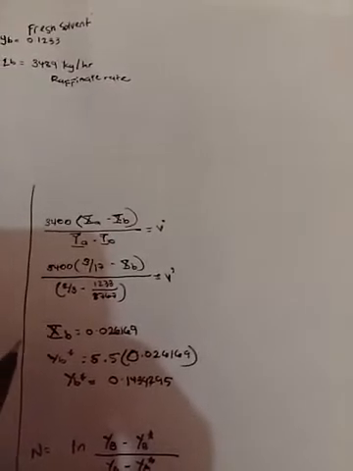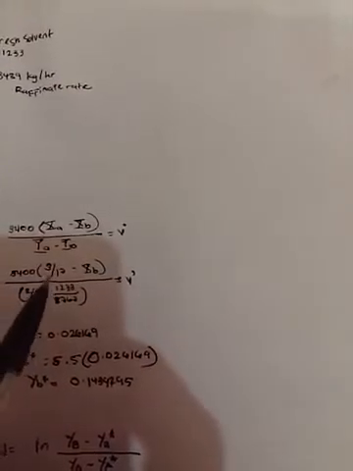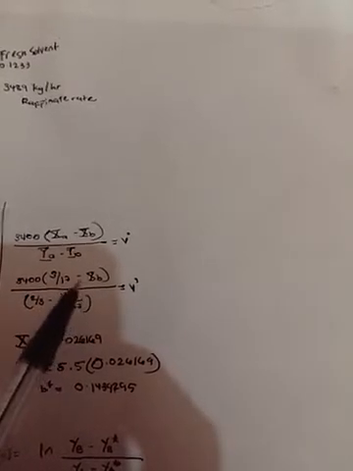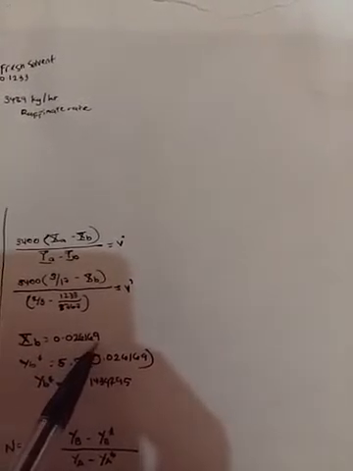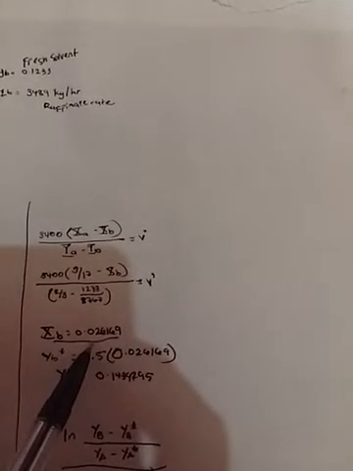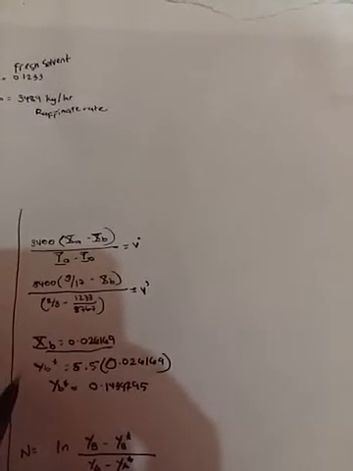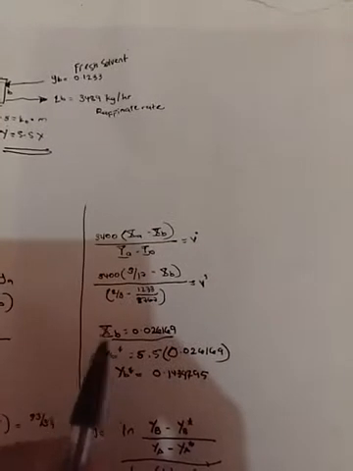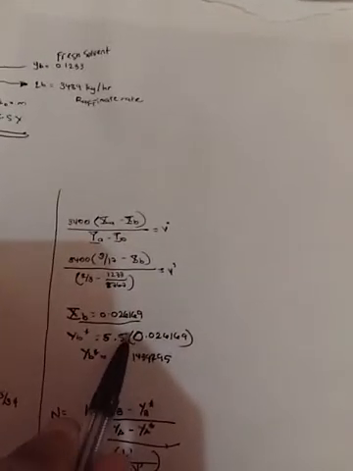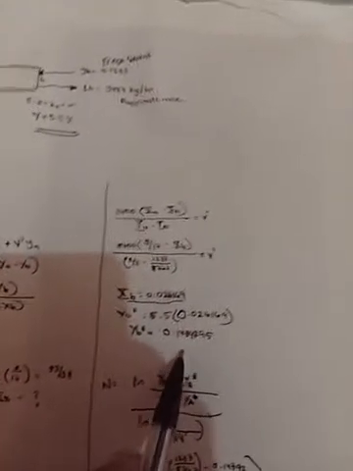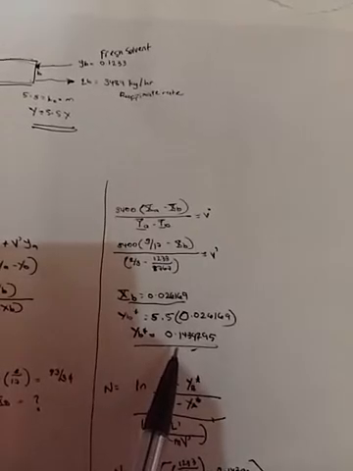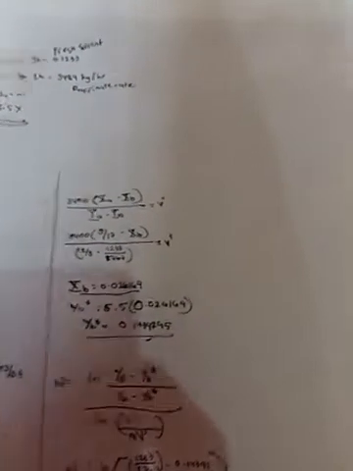Solving, we get capital XB as 0.026169. Now we compute YB star using the distribution coefficient, 5.5 times XB, to get the equilibrium value, YB star equal to 0.1439295.